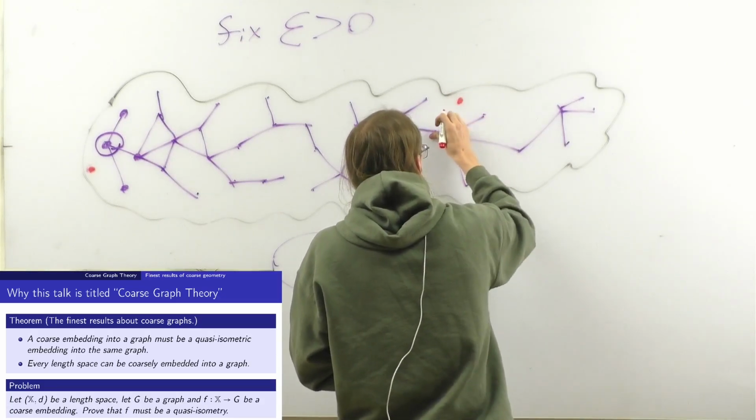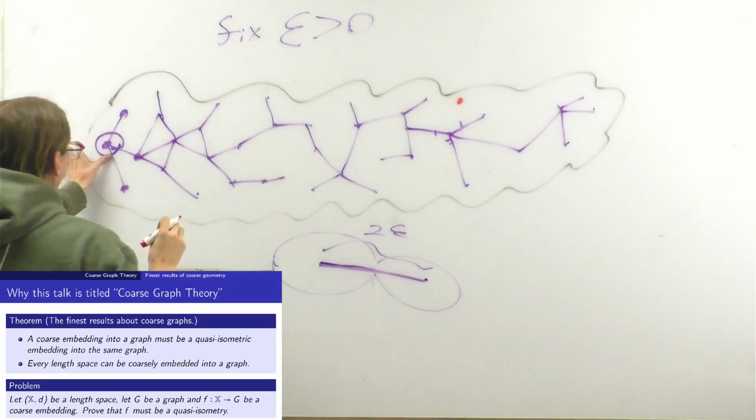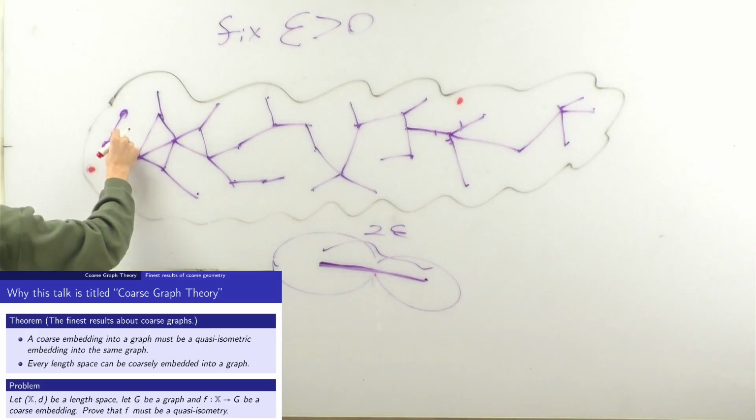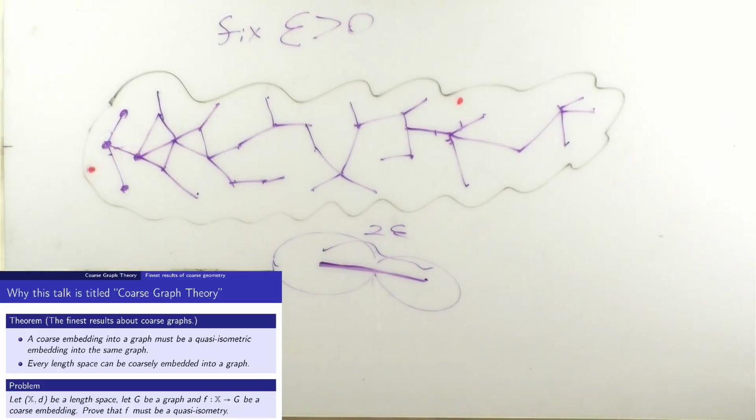And now our goal is to show that there's a linear bound on the distortion of the distance between these points. How I'm going to do that is I'm going to look at the distance between their images, and I'm going to use that to build a path in the length space that's pretty close to the distance in the graph. That sounds like a strategy?